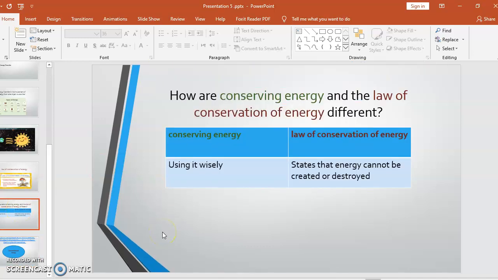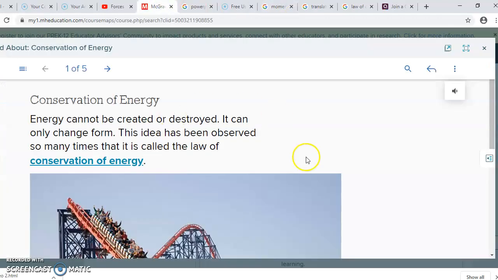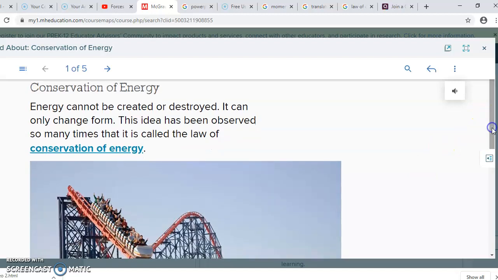Okay, so you have to compare and know how conserving energy and the law of conservation of energy are different. Page 52, you have your lesson, conservation of energy.